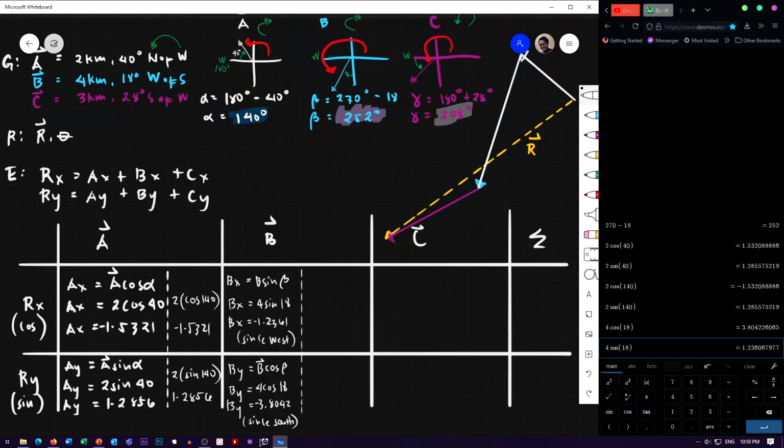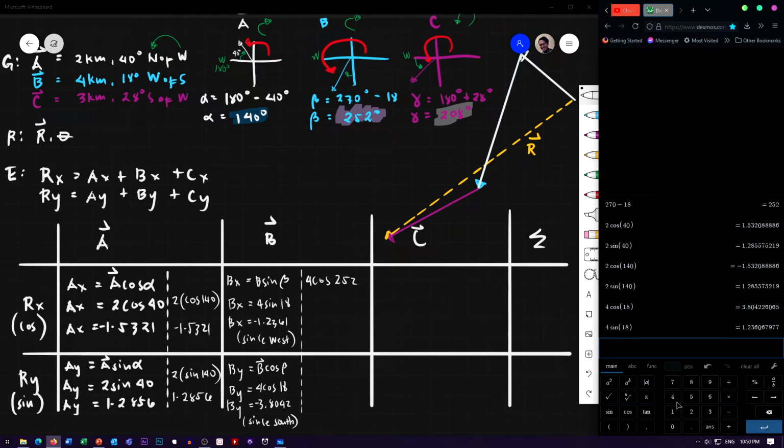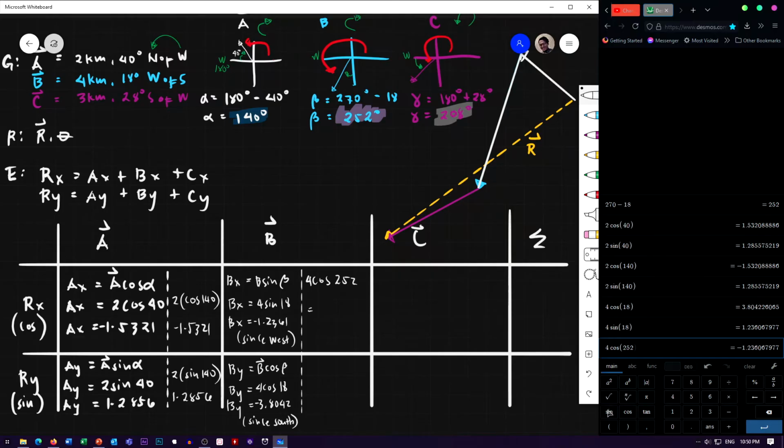So this will be 4 cosine 252. I'm going to input that here. So see, the answer is automatically negative 1.2361.